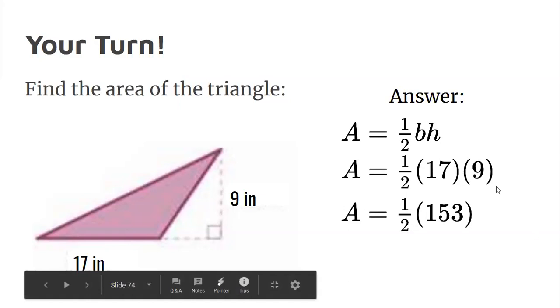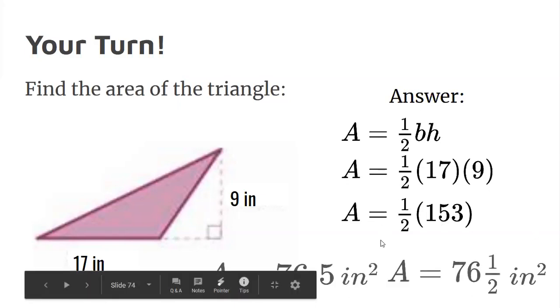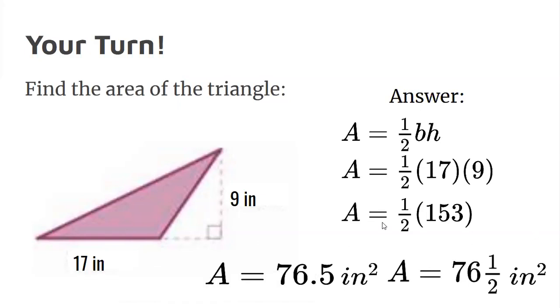So instead, I went this route where I multiply 17 times 9, 153, and you got 1/2 right here. And then when you multiply 1/2 to 153, if you're going the decimal route, you should get 76.5 inches squared as the area. And if you're going the fraction route, then you should get 153/2, which is 76.5 inches squared.